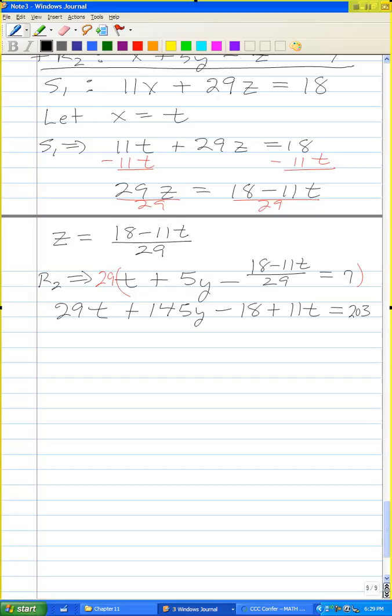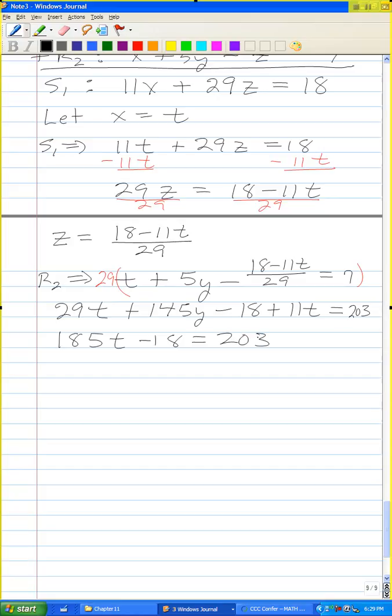Let's combine like terms. And so 29t plus 145y plus 11t is 185t minus 18 is equal to 203.